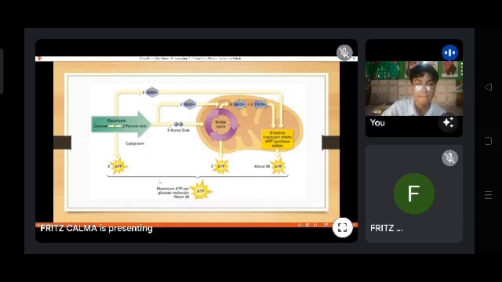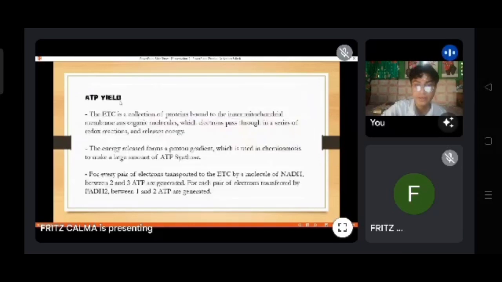And wait, nabalik po natin. So, sa ATP yield, in addition also is the NADH generated from glycolysis cannot easily enter mitochondria. So, therefore, sa process po nito, sa ATP yield po natin, is present din po yung ibang molecules, yung ATP molecules na generate po ng glucose.